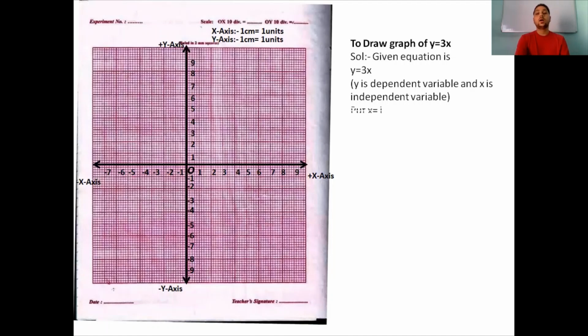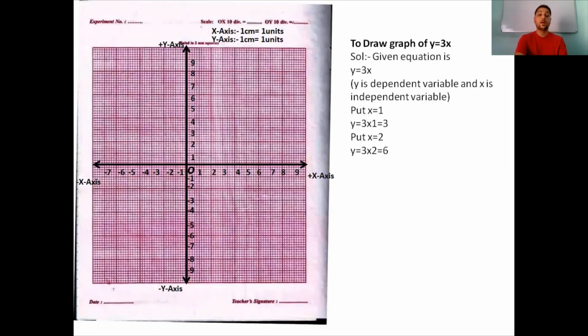For example, when we take x is equal to 1, put x is equal to 1 in this equation. What will be the value of y? The value of y will be 3 multiplied by 1, which is equal to 3 here. Understand? Then we have x is equal to 2. Again put the value of x is equal to 2 in this equation, and we have y is equal to 3 multiplied by 2, that is equal to 6.